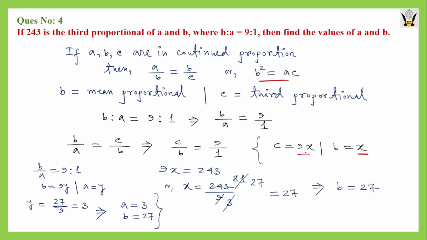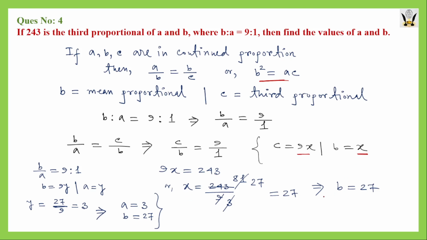We can say that 9x, which we represented as the value of c based on the ratio of c and b that we have calculated, and based on the assumption of the common factor for that ratio that we have taken as x. So 9x will be equal to 243, and from this simple linear equation we can easily find the value of x, and that is 27.